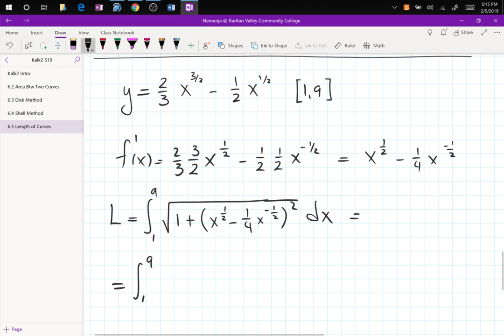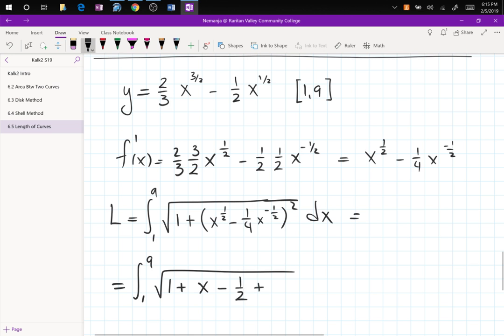Integral 1 to 9, square root of 1 plus. Now we have here, I don't need parentheses, just x minus. Now x to the half times x to the negative 1/2 is going to be x to the 0, which is 1. So I just have a negative 1/4 times 2, which is negative 1/2. Great.